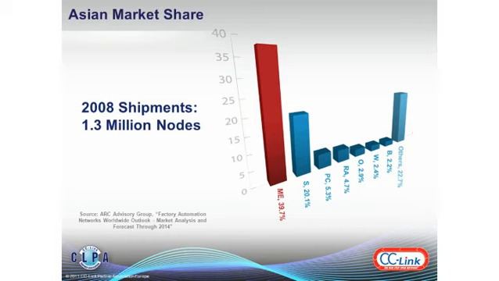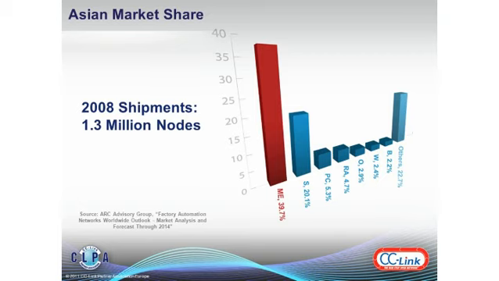So let's take a look at some third-party market data, which gives you an outline of how CC-Link has established its presence in the Asian market. This chart is extracted from a report by the ARC Advisory Group, a key market research organization for automation based in the United States. And it shows here the trend of sales for different suppliers in the Asian market. The red bar indicates that CC-Link is far ahead of many of the competing networks in that market.